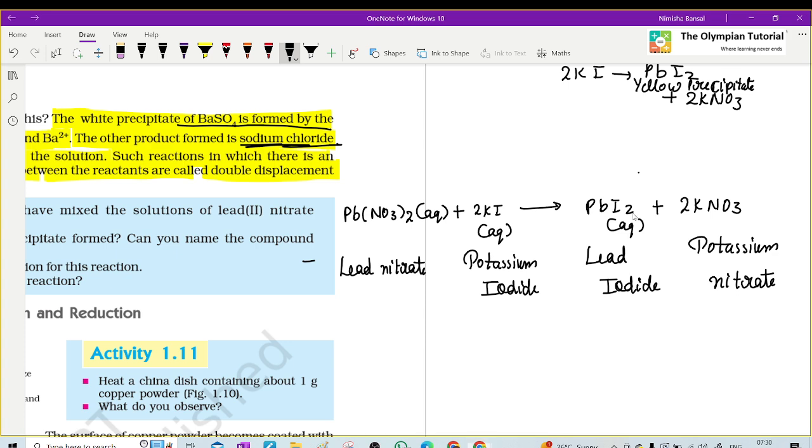And we are getting precipitate of PbI2. Sorry, by mistake I have written aqueous here. It's a precipitate. Actually, it is insoluble in water. It is in precipitate form, so we cannot write aq here.